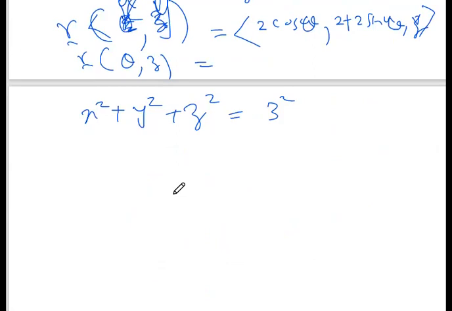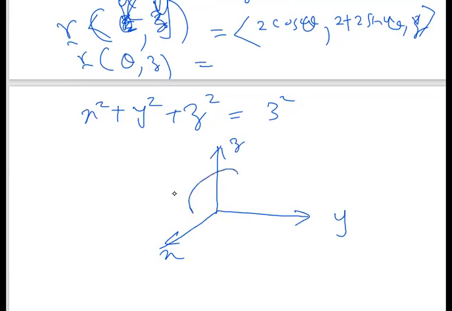So this is a sphere, so you better use spherical coordinates. I think I didn't have time to explain, so I will briefly discuss that. The sphere has radius 3, centered at the origin. Take a point on the sphere.